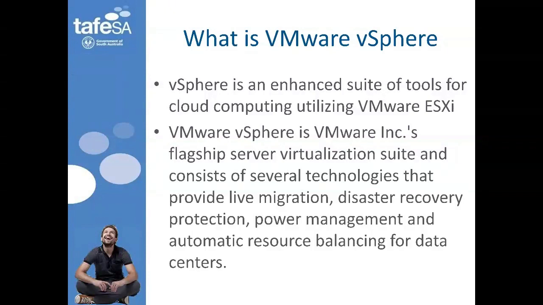Disaster recovery, we all know virtual machines are a bunch of files. So if you lose that file, you can have a backup, can't you? We already know about snapshots. We all know you can make a copy, but we have things like failover management.